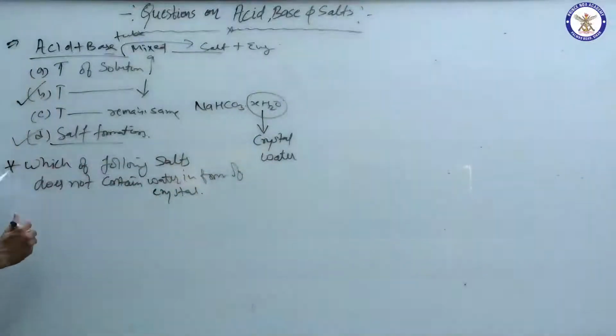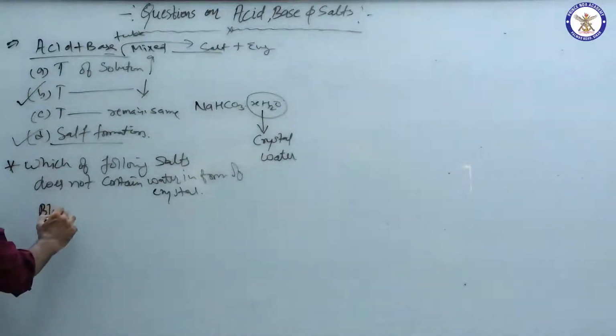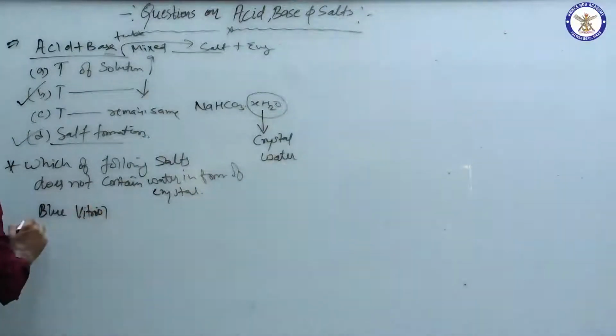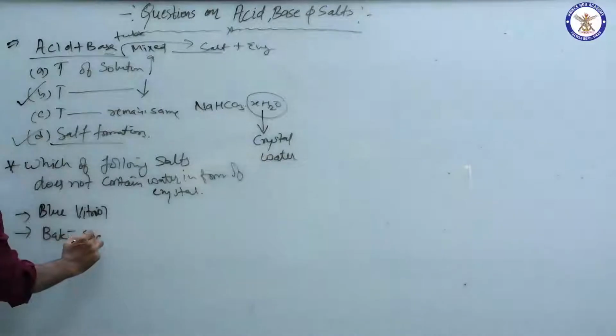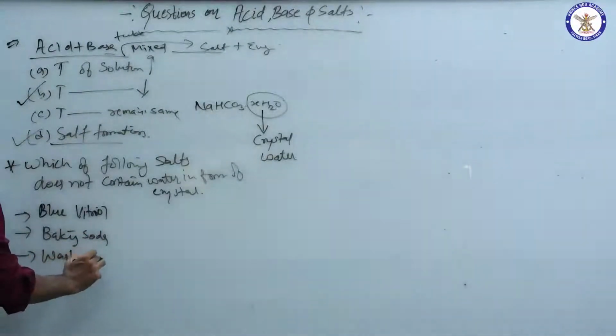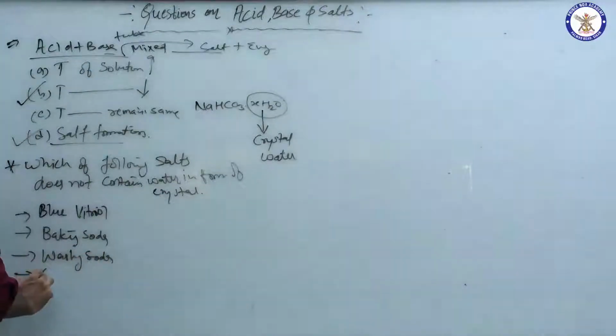So the options are blue vitriol, baking soda, washing soda and gypsum. This is something you have to remember.